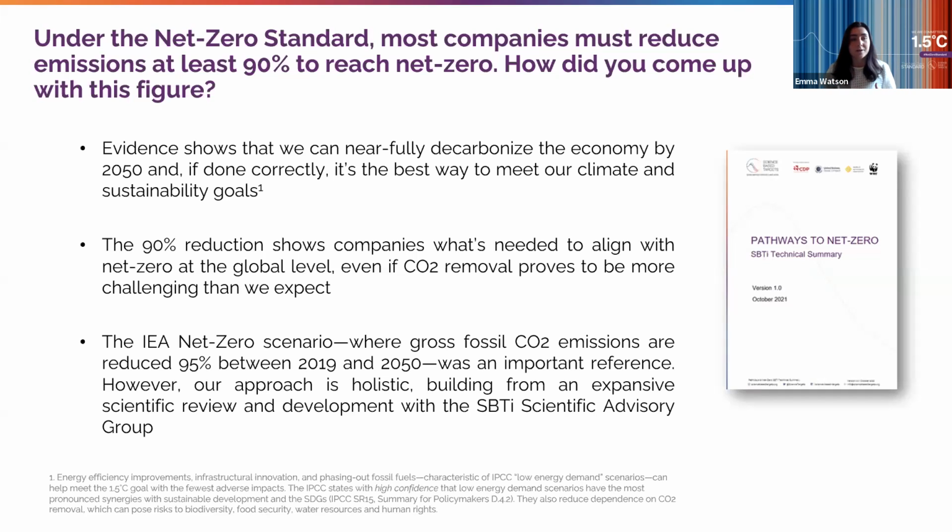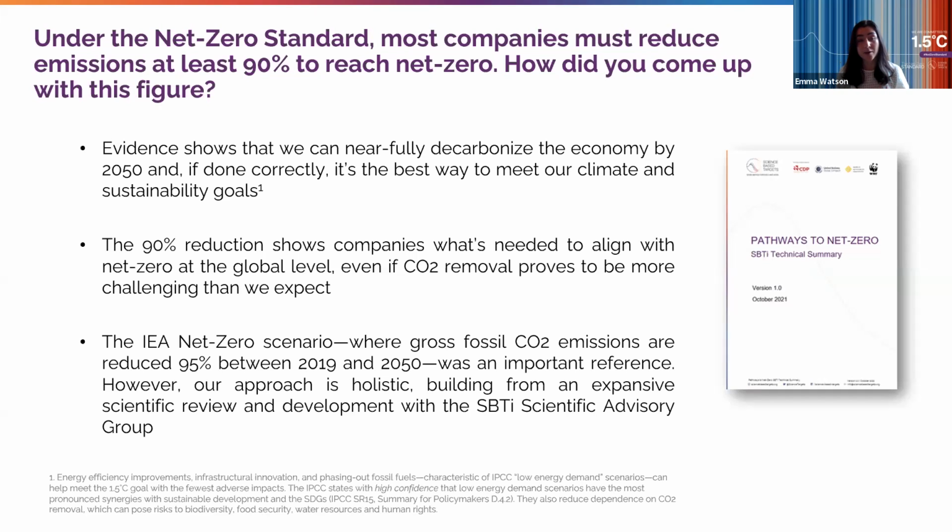However, one thing that is really important to note is that we use some of the more low energy usage scenarios. They essentially are the scenarios that require the least amount of carbon removal. And that's because they infringe least upon our sustainable development goals.